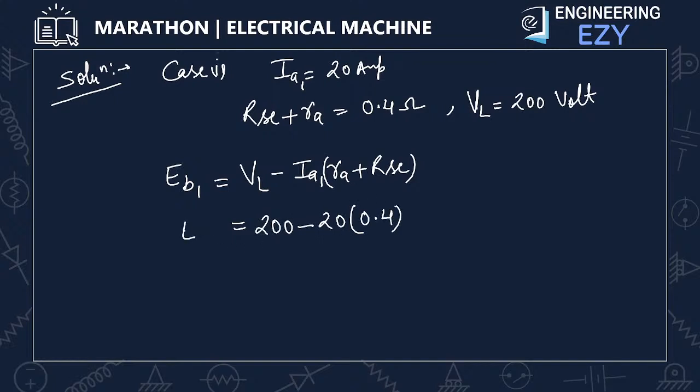So EB1 we are getting as 200 minus 8, which is 192. 192 volt is the EB1.